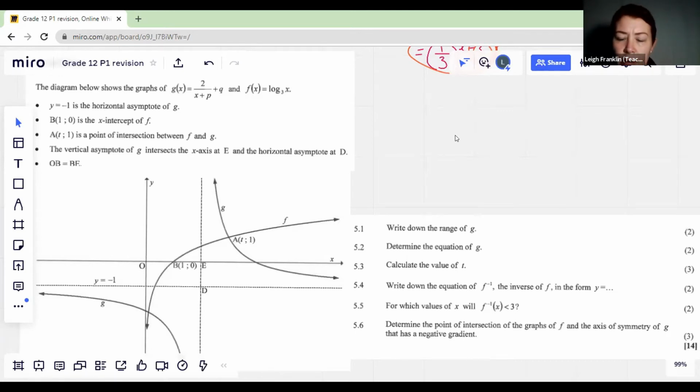Okay, so I'm just checking in. Is everybody okay? Are there any questions? Okay, so Ayamida, you said you need help with finding the value of P. So that's question 5.2 then, isn't it?